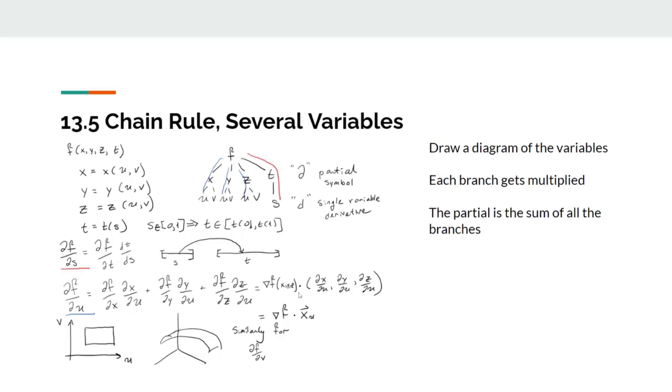You can see this is partial f, partial x, partial f, partial y, partial f, partial z. That's just the gradient, and then it's dotted with xu, yu, zu, where that is a derivative associated with the mapping from uv to this surface.